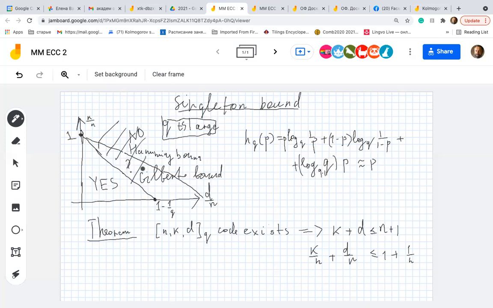So now we know that there is no code for which the parameters lie above this straight line. And here is the proof of this fact. Assume that an (n, k, d) code exists.